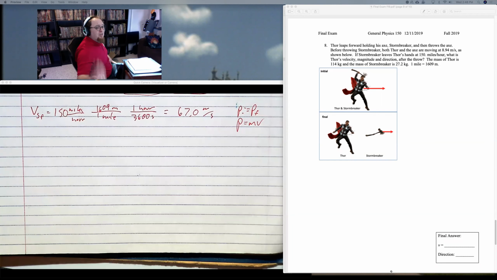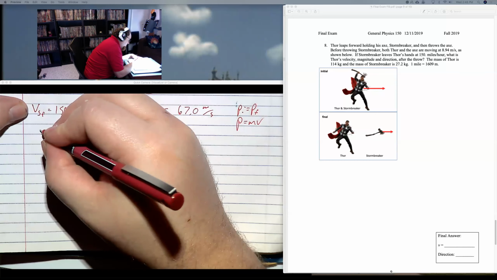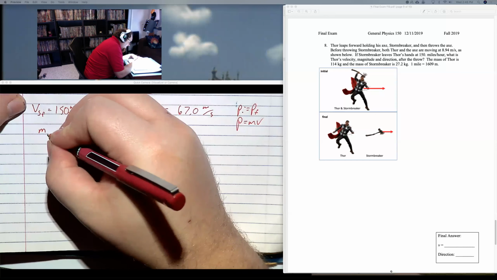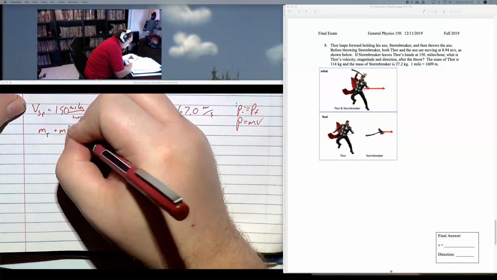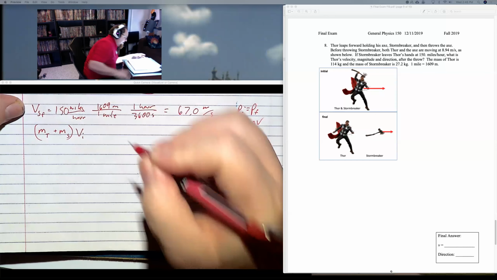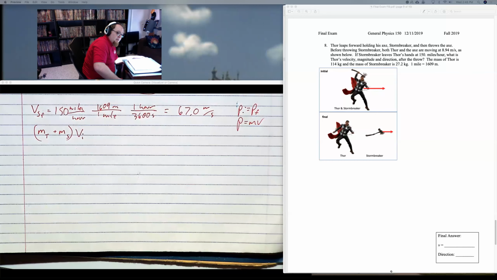In this one, they start together. And so since they start together, I'm going to view my initial as one object. The mass of Thor plus the mass of Stormbreaker, they're both moving with some set velocity, that's VI. Instead of saying MV plus MV, I'll just treat them as one object.